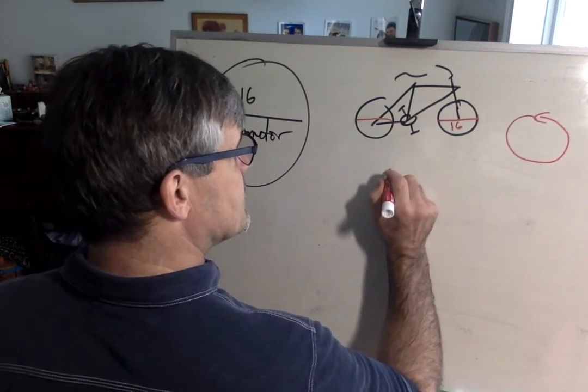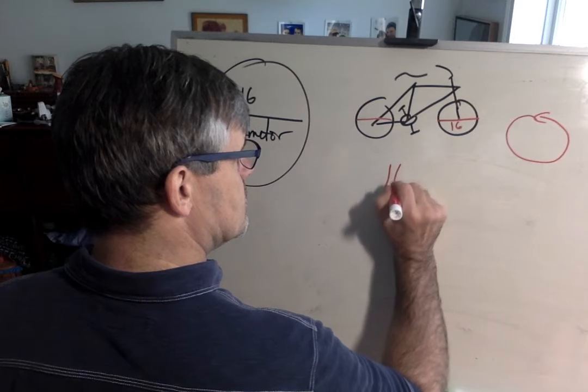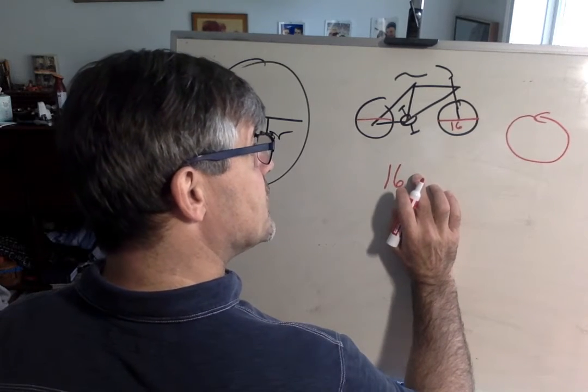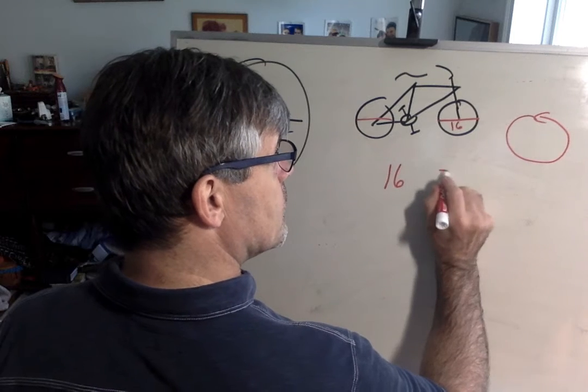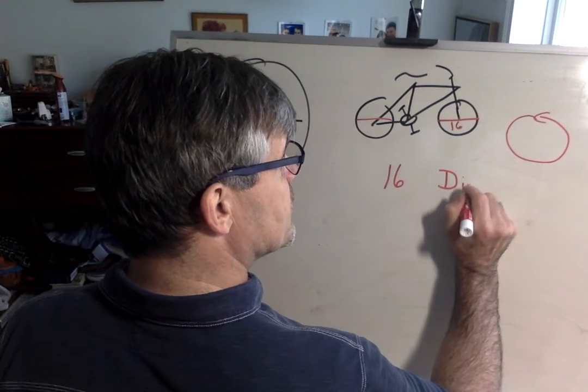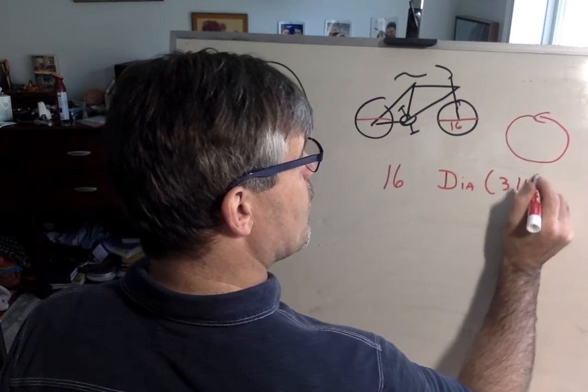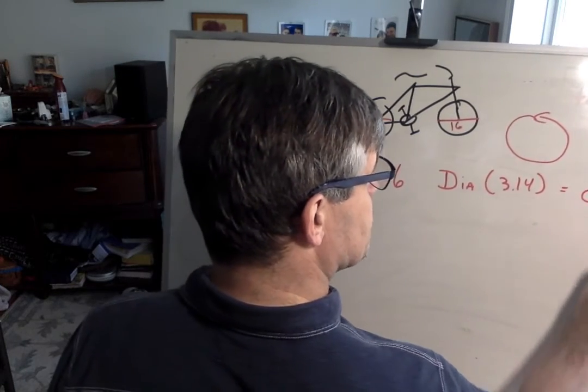So we know that 16 is the diameter. Diameter times 3.14 equals circumference.